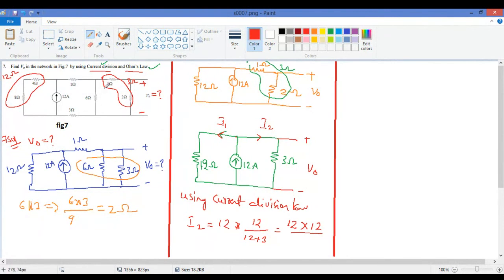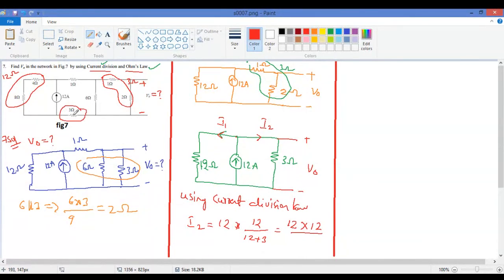Here this is okay. So 6 is parallel with 3. We got it as 2 ohms. 12 and, see, we made one mistake. We forgot this 3 ohms, correct?